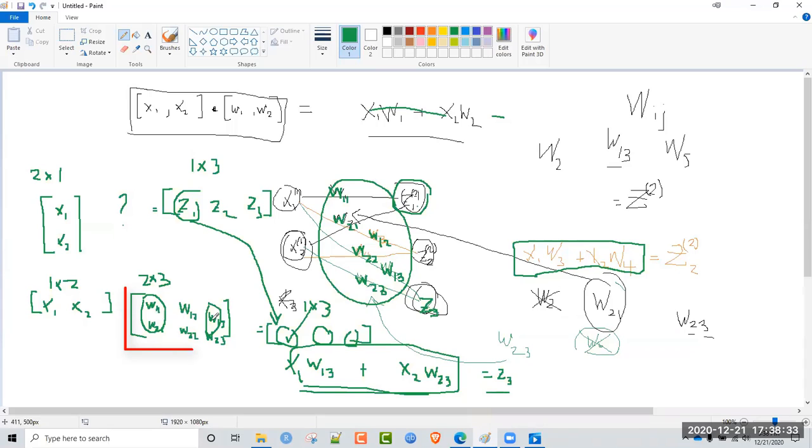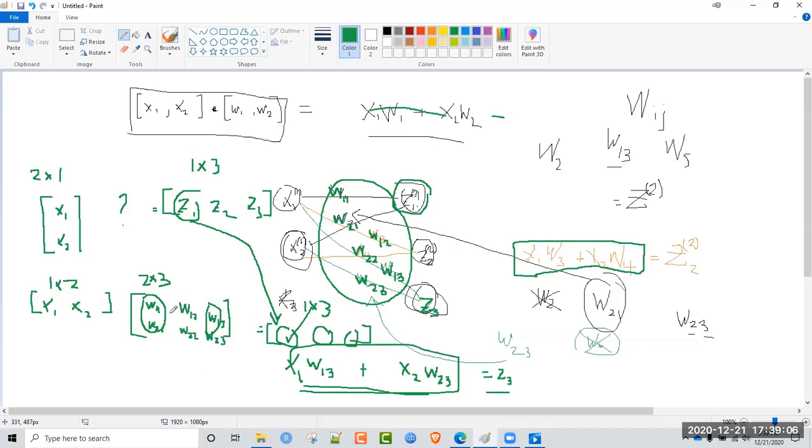Now let's see, what is the pattern here? Can you see the pattern? We got it right, but maybe we can notice something about these subscripts. What can we notice about the subscripts of where we place the W's?